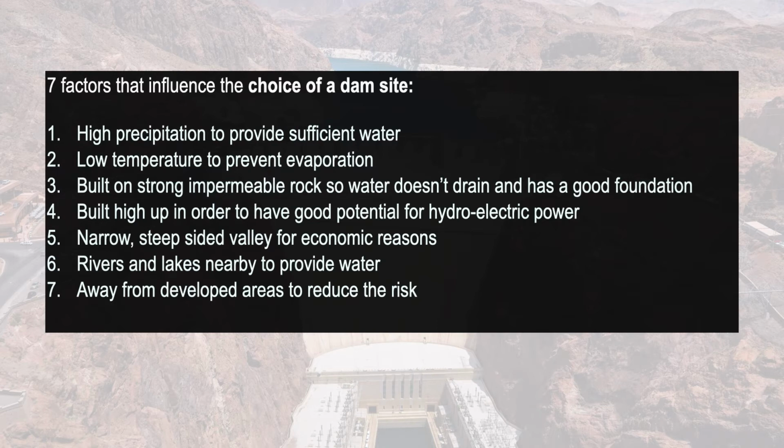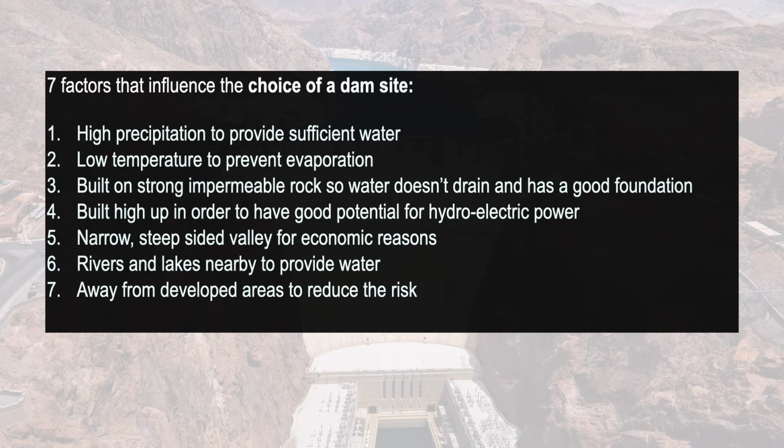The dam also should be built in a narrow steep-sided valley. Why in a narrow steep-sided valley? So it can hold more water. Imagine if it were built on a not-so-narrow part of the river, it would not be able to hold a lot of water, so it would be useless for the government to build a dam in that area because a flood would easily happen and it cannot hold much water.